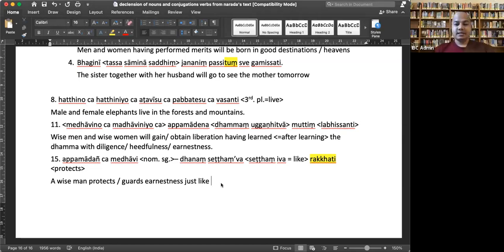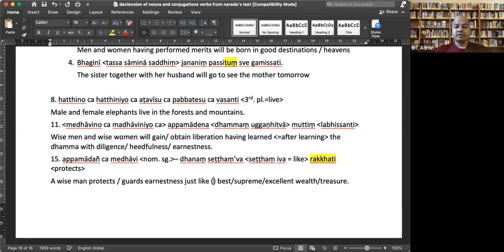Just like best, supreme, excellent wealth or treasure. Okay, so this is the meaning of the sentence. A wise man protects or guards earnestness, just like his best wealth, best treasure.